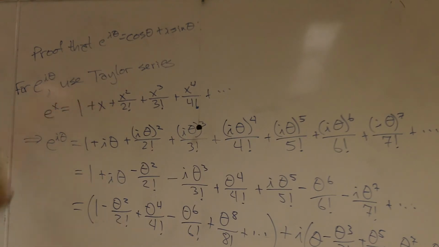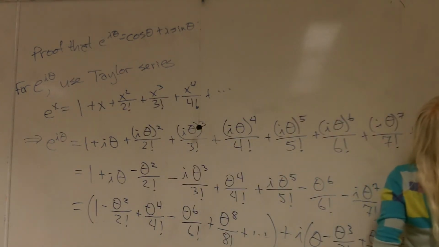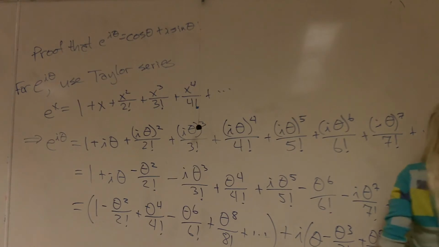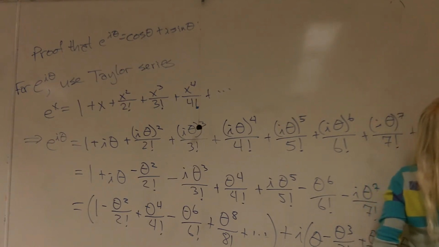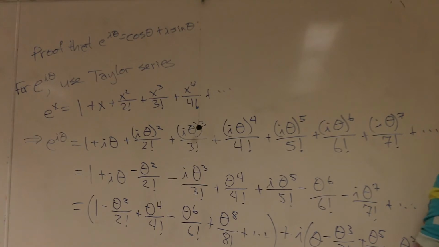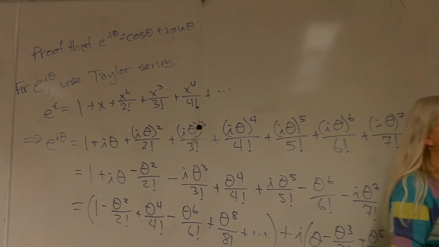Well, let's think about what some other Taylor series are for functions we know. The Taylor series for cosine x is 1 minus x squared over 2 factorial plus x to the 4th over 4 factorial minus x to the 6th over 6 factorial, etc. In other words, it contains only even powers of x, right?